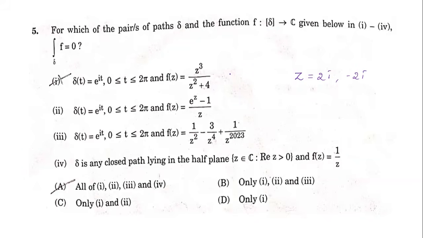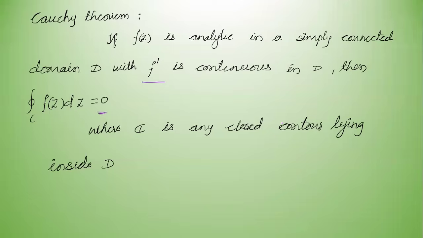Therefore, its value becomes 0. If we check all, it takes some time. Therefore, by using the theorem, we can choose the correct answer. All 1, 2, 3, and 4 become 0 by using the theorem.